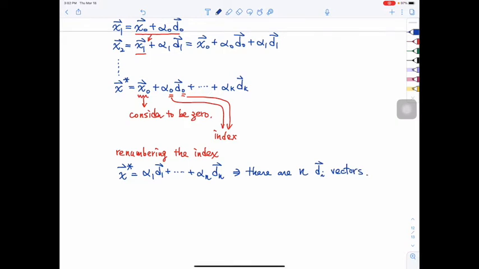So it's like, where is my optimal solution? It's somewhere starting from the origin, and I'm going to move n times. Every time I move along a di vector. And for every movement, I will move by the size of alpha i. Okay, so that's a concept.